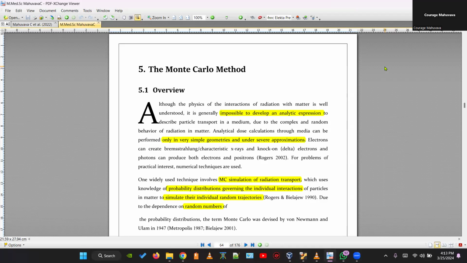So let's first talk about the Monte Carlo method, right? In radiation therapy, mostly patients are treated with the linear accelerator, sometimes the cobalt-60, which is based on the radioactive decay of the radioactive source.